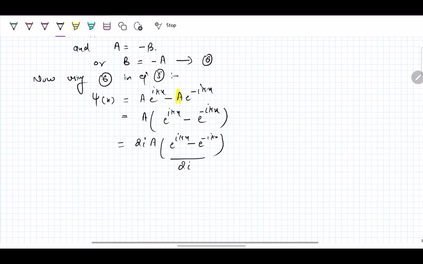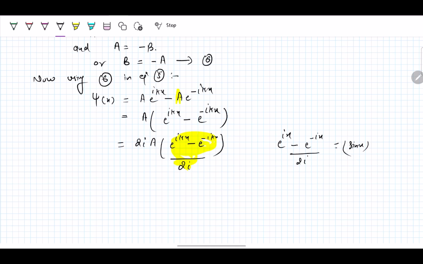Now this part will become, so this is the property of sine. We know that exponential iota x minus exponential minus iota x over 2 iota is equal to sine of x. So the same property we use here, and we get the wave function equal to 2 iota a sine of kx.